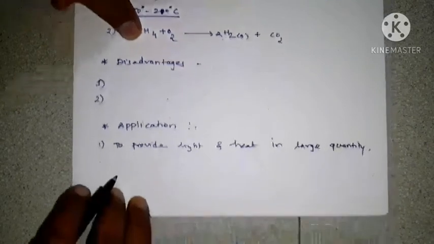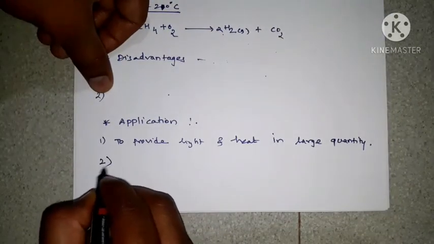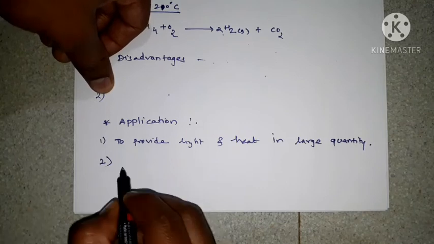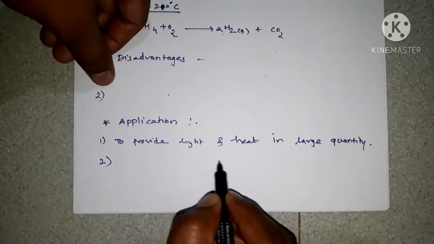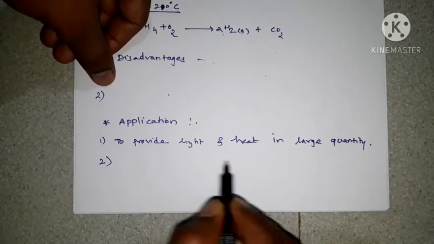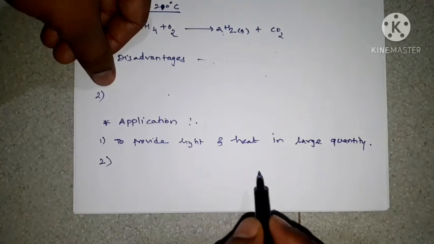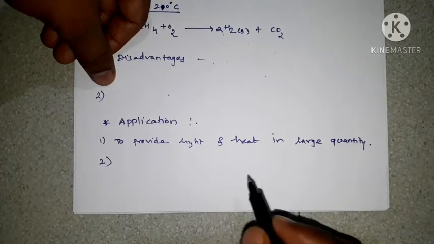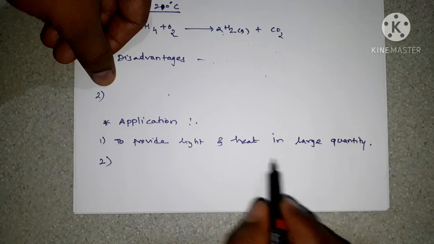Okay, then the second application is that the heat produced can be used to produce steam for an air conditioning system or any other thermal energy consuming system.